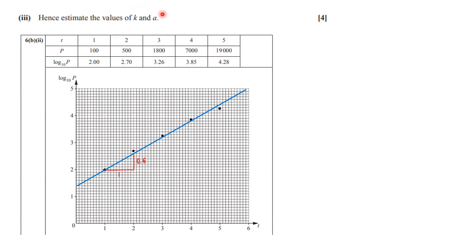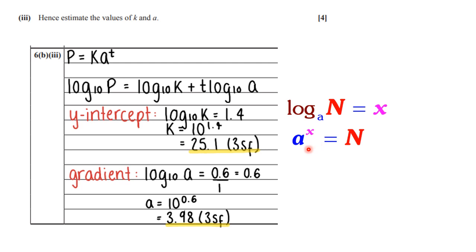Now I've got to work out my a, and I do that using my gradient. So looking back here, I've drawn a triangle where my change in y is 0.6 and my change in x is 1. This means that my gradient, which was log base 10 of a, is equal to 0.6 divided by 1, which is 0.6.